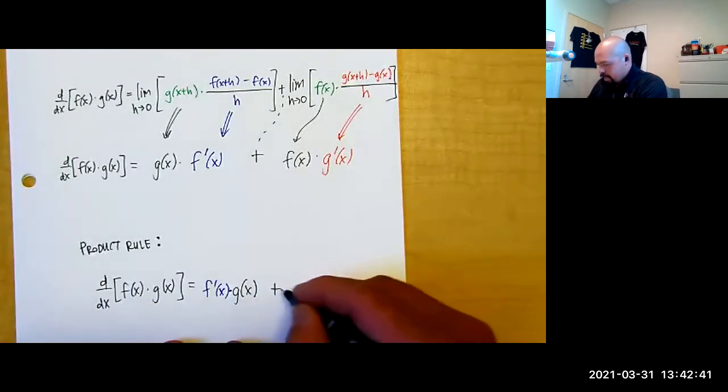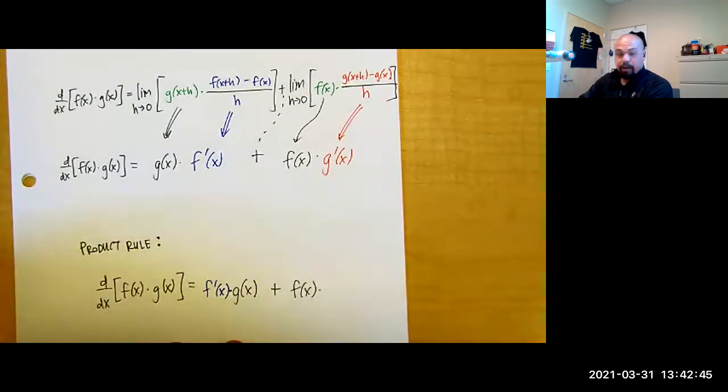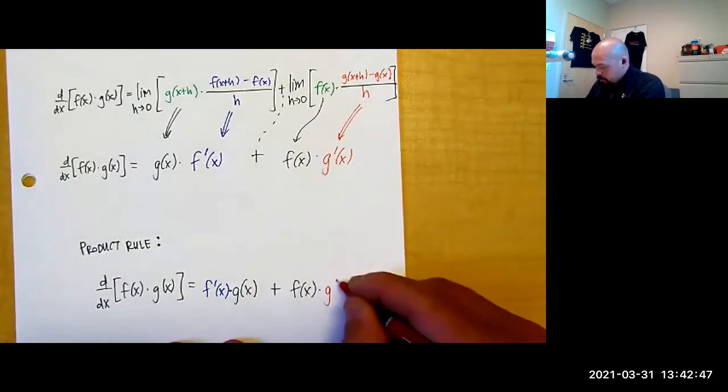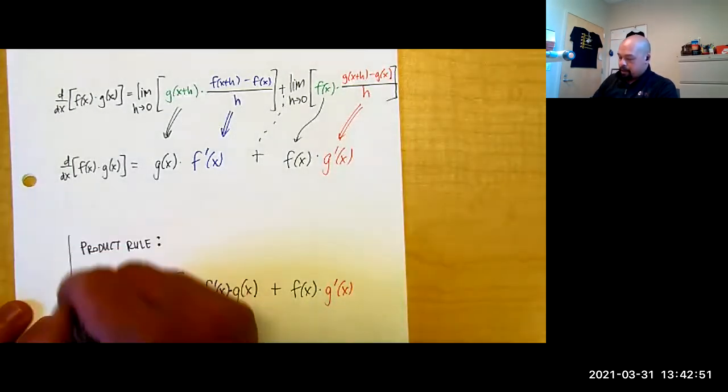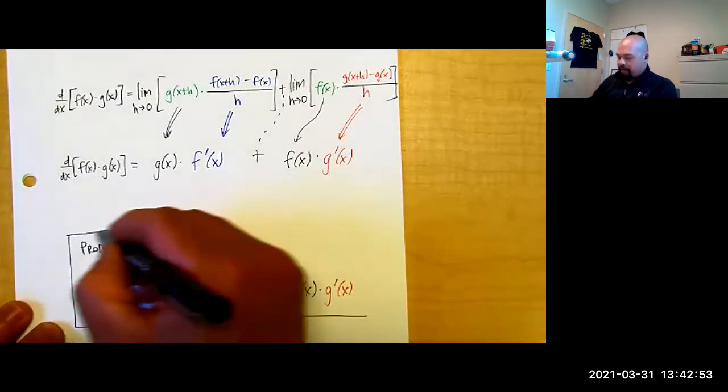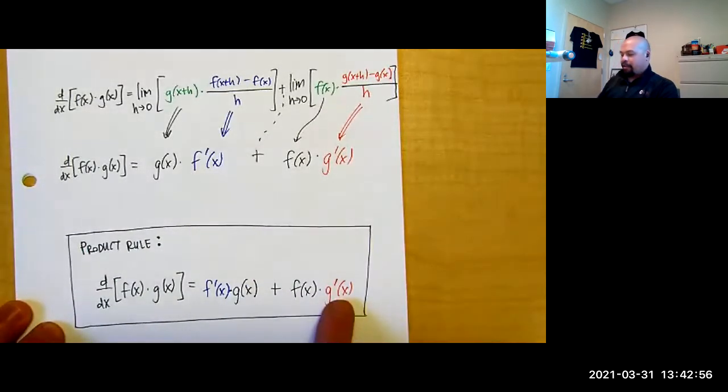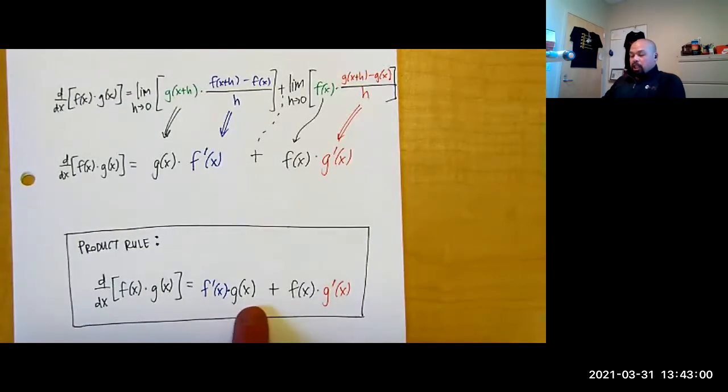Then we're going to add the original first function times the derivative of the second. Which derivative you put first or second is up to you. The book might have it the other way, f g prime plus f prime times g. Different books go with different orders here.